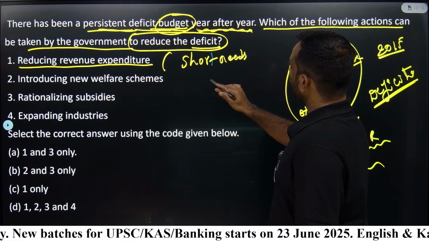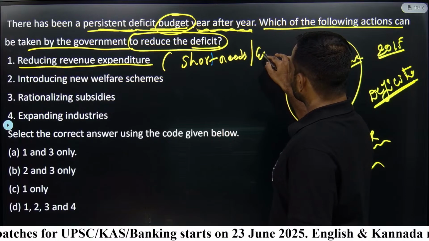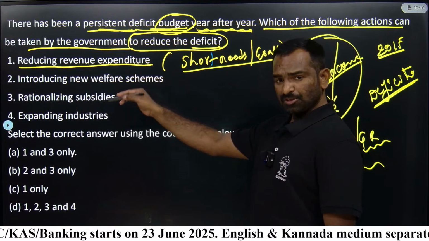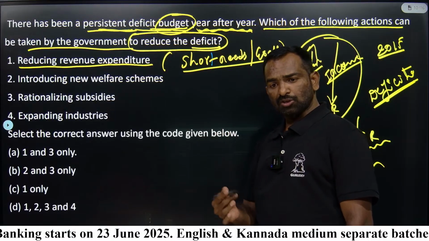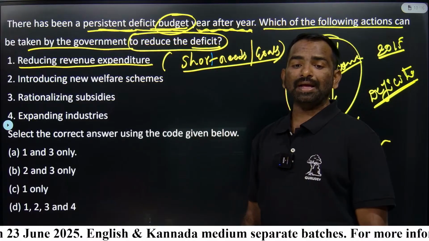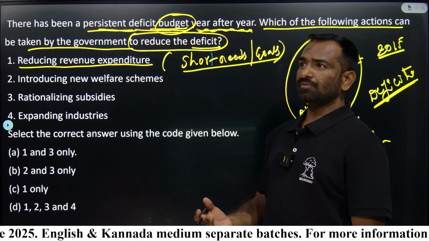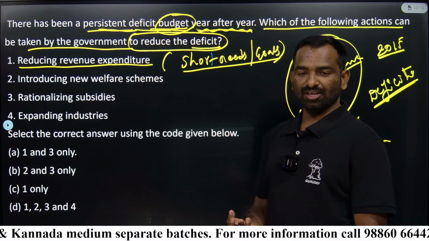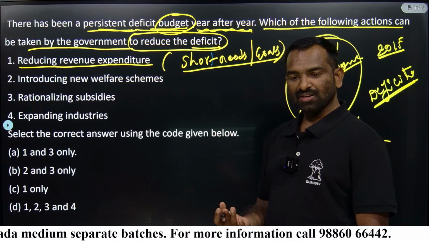For example, the welfare programs like in Karnataka, the Bhagyas. There are so many Bhagyas, right?